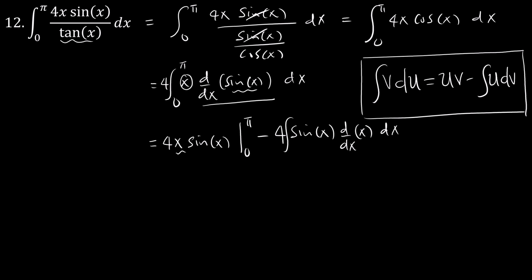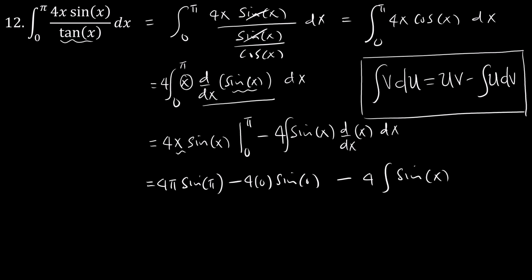So here we get 4 pi sine of pi, minus 4 times 0 times sine of 0, minus 4 times the integral of sine of x from 0 to pi.